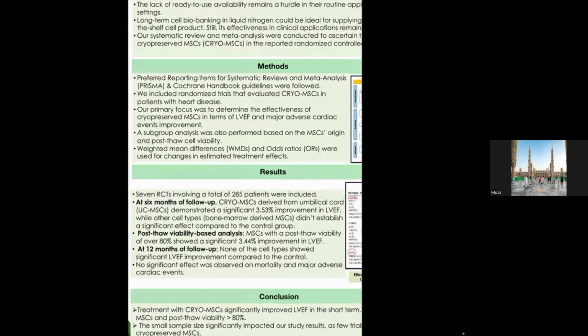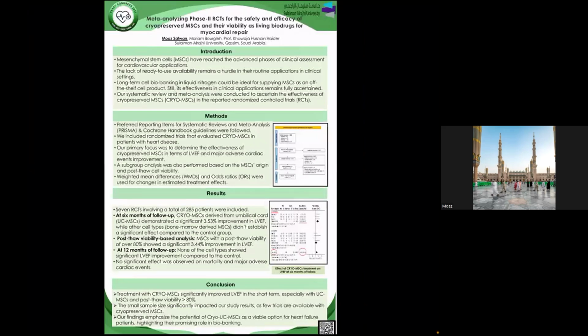And that takes me to my conclusion. We concluded that treatment with cryopreserved mesenchymal stem cells significantly improved LVEF in the short term, especially when using umbilical cord mesenchymal stem cells and post-thaw viability of over 80%.